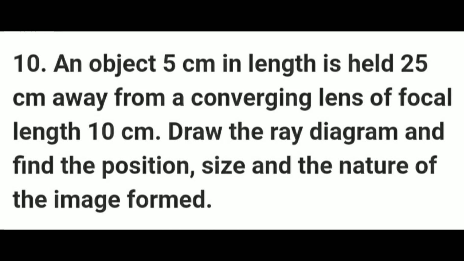So reading the question carefully, we can make out what all data is given in the question. The object size is given, the object distance is given, it's given it is a converging lens, and the focal length is given.